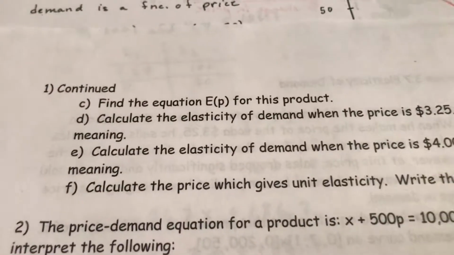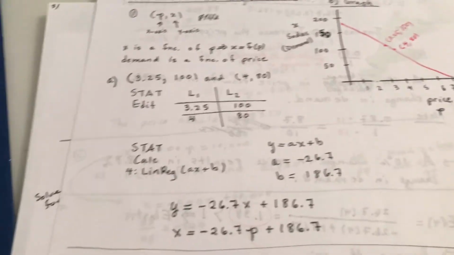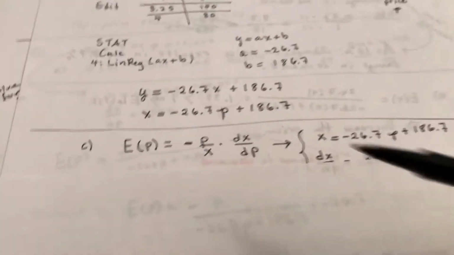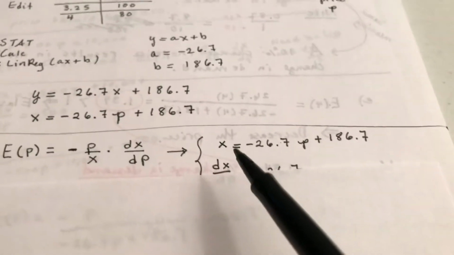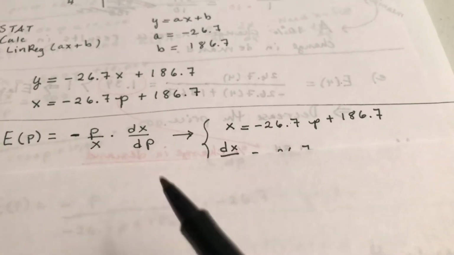So we're talking about these sodas, and we're going to find E of P for this product. And I'm going to start here. My E of P is equal to this equation right here. So that's the one I'm using. And note that X is this negative 26.7P plus 186.7 from above.